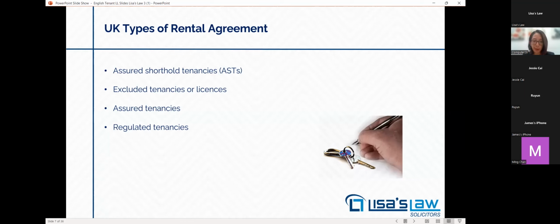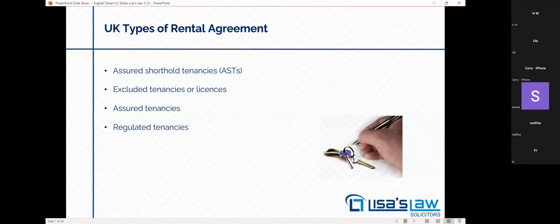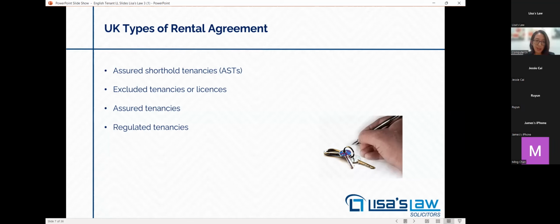While the other 3, you don't see that often. It's the excluded tenancy or license. This sometimes you do come across. Assured tenancies, you don't usually come across anymore. Regulated tenancy, you don't usually come across anymore unless you are people on benefit. But generally, you will be looking at the assured shorthold tenancy agreement.